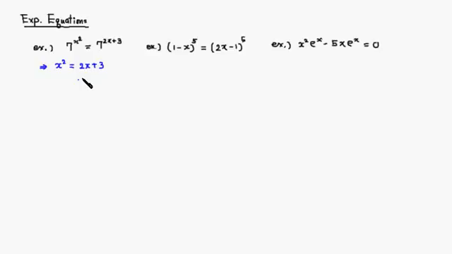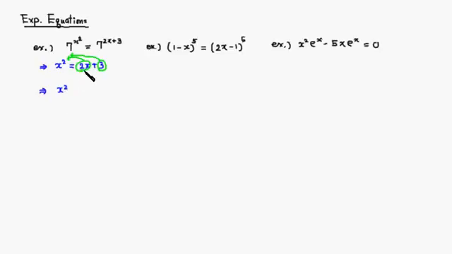All right, now this is just a quadratic equation, so I'm going to move 2x to this side and 3 onto the other side, and then solve it. So you have x squared, which was already there.